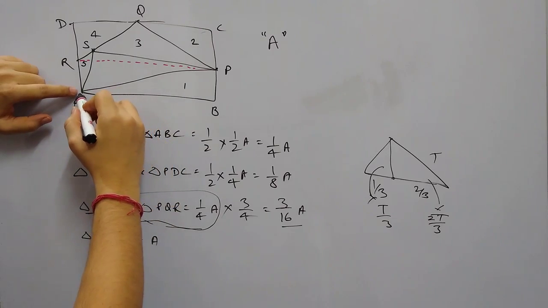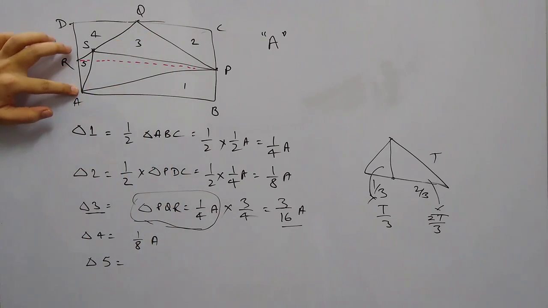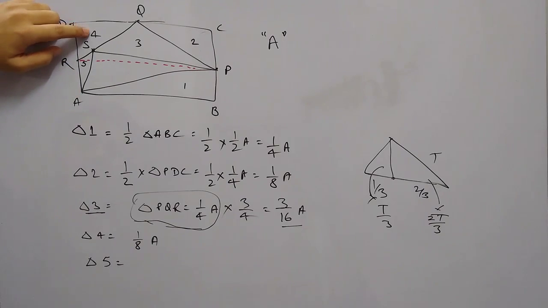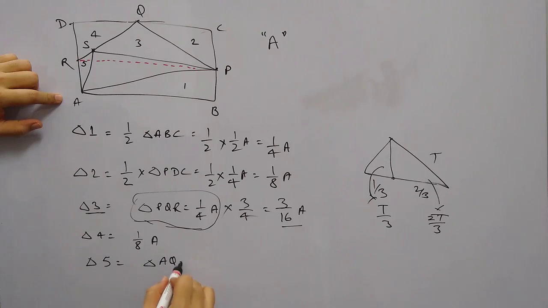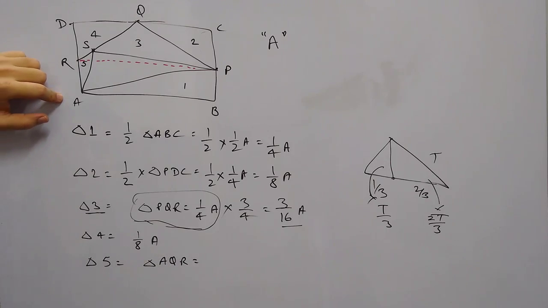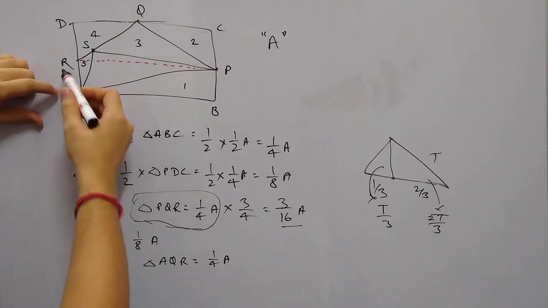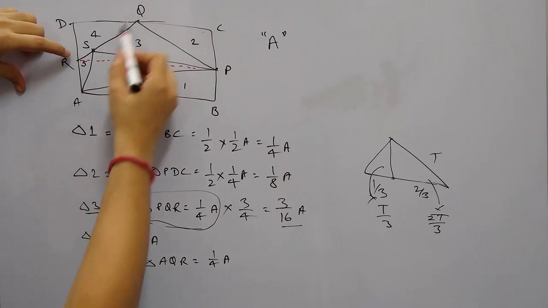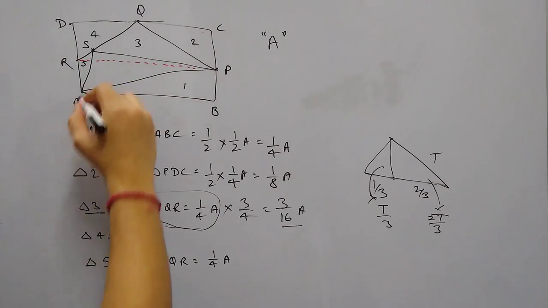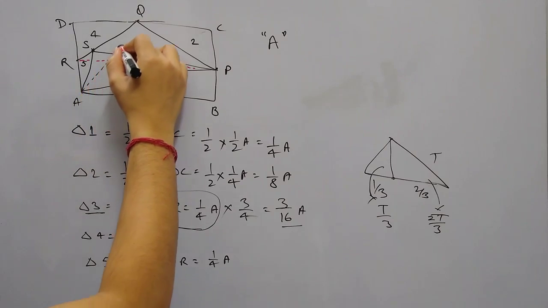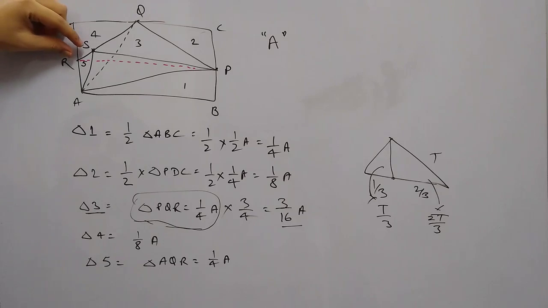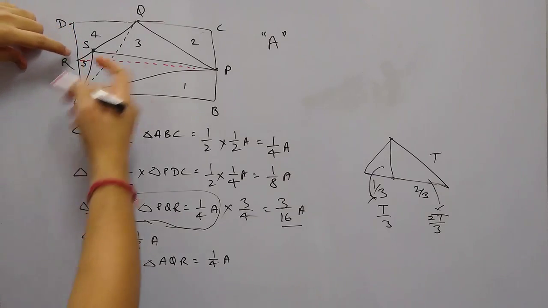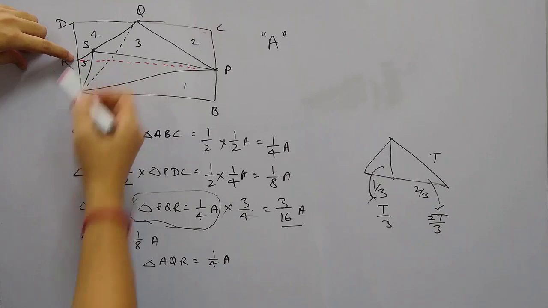So triangle AQR is also 1 by 4th A, and SR is dividing the RQ into 1:4 ratio.